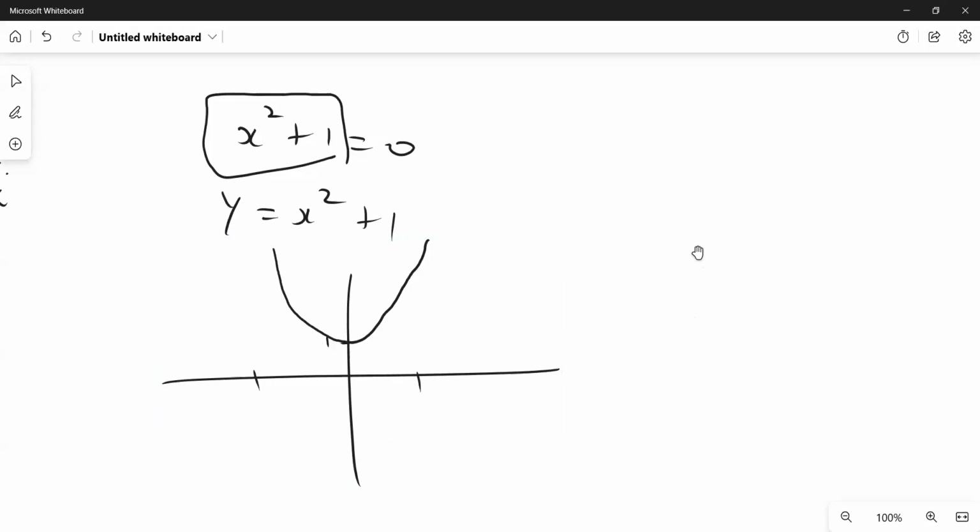Good. Now that we are introduced to complex numbers, we know there's a whole branch of mathematics that deals with complex numbers.